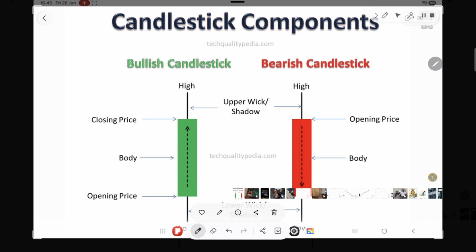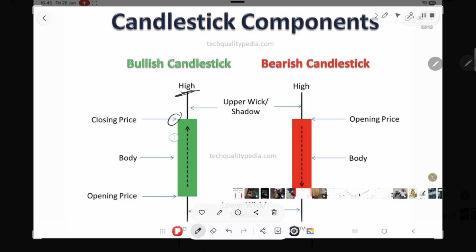For a bullish candle, as you can see here, this is the opening price, the closing price, the candlestick body, the highest level the candlestick traded, and the lowest level the candlestick traded down here.